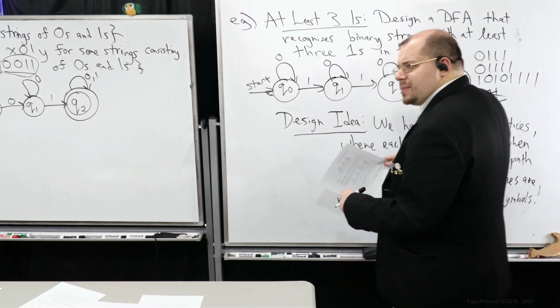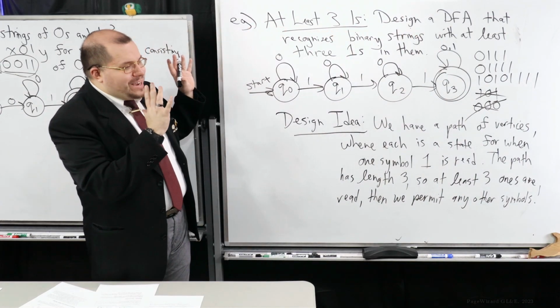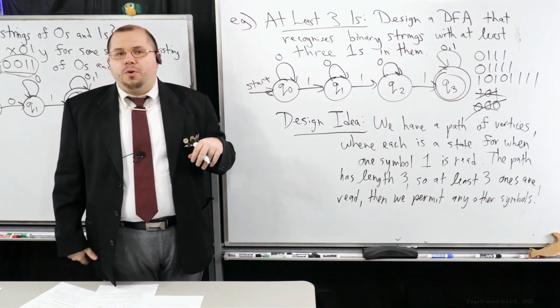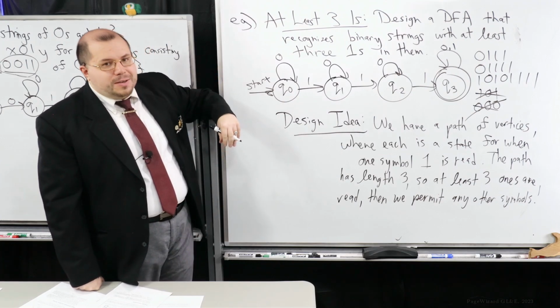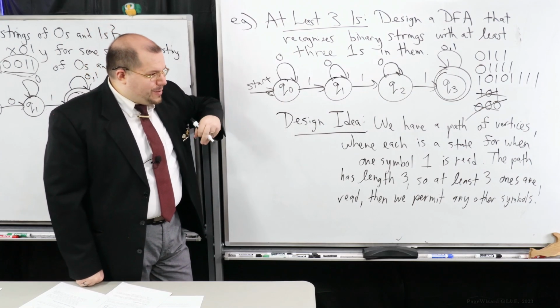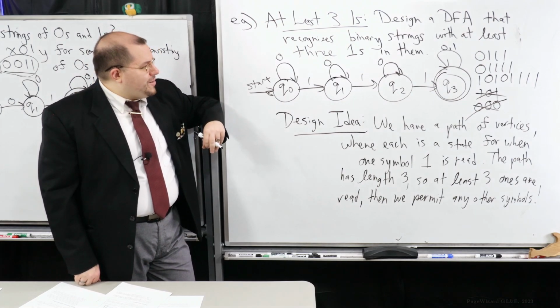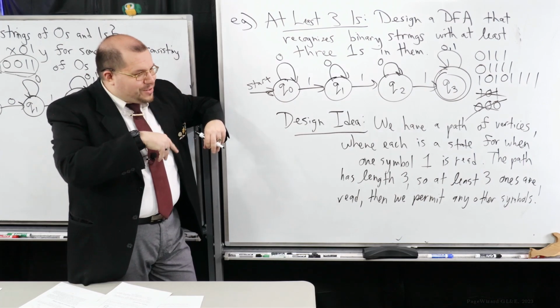Right? Now I have a question for you. So now that you understand how we can do this with at least 3, what would I do if I wanted to have at least 4 1s instead of at least 3 1s? Are there any suggestions for what we can do with this? Any suggestions at all? And you don't have to get very particular about what states there are or anything like that.